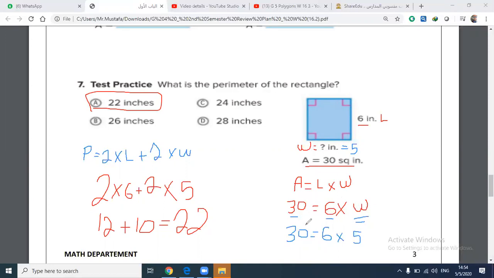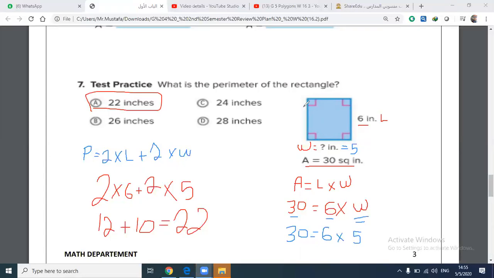So 30 equals 6 times by what? 6 times by 5. So the width should be 5. I can use now the formula for perimeter to find the perimeter for the rectangle, which is 22. Okay, is it clear, Muhammad? You understand it, right? Yeah.